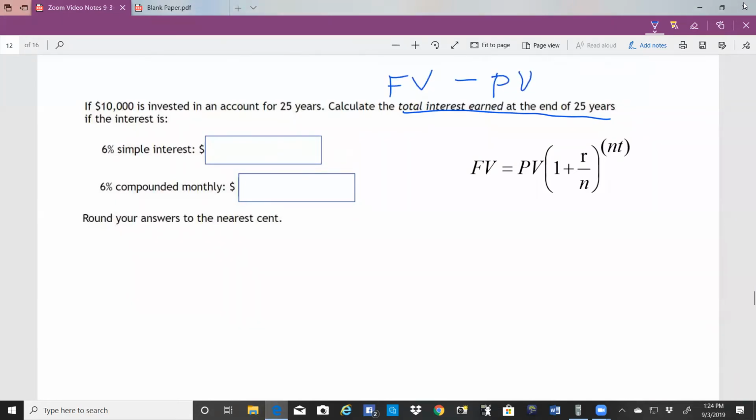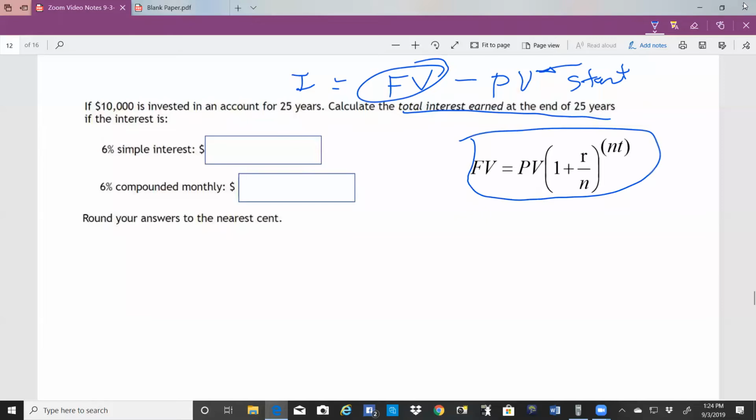In other words, you started with the present value, you have a future value, the difference is going to be the interest. So we're going to use this same formula to calculate the future value and subtract $10,000 from it. And that'll be the total interest earned.